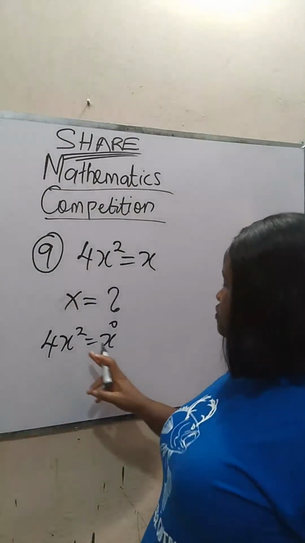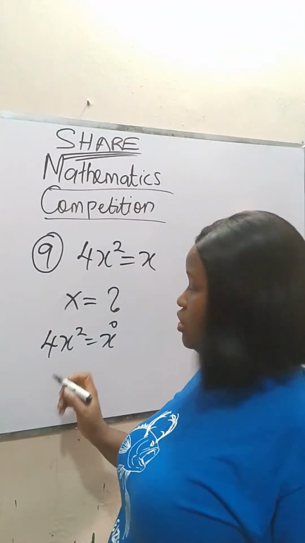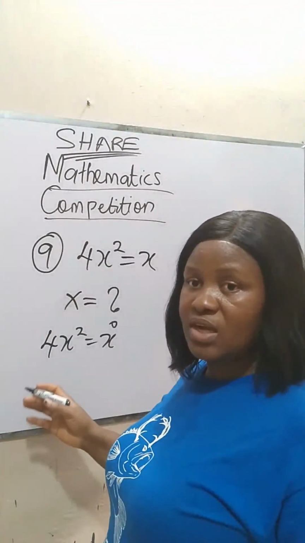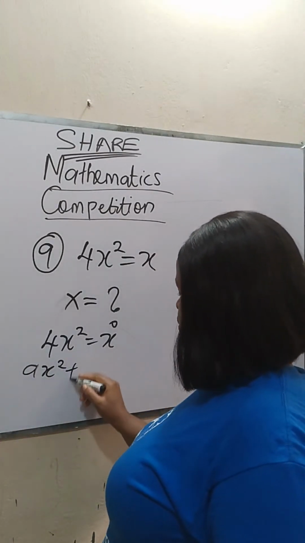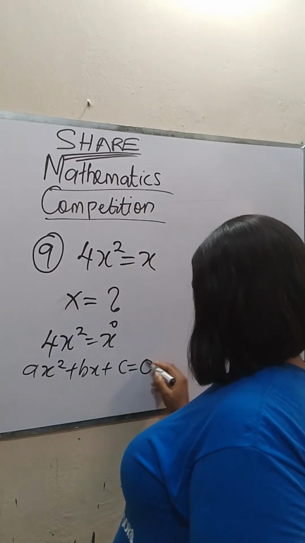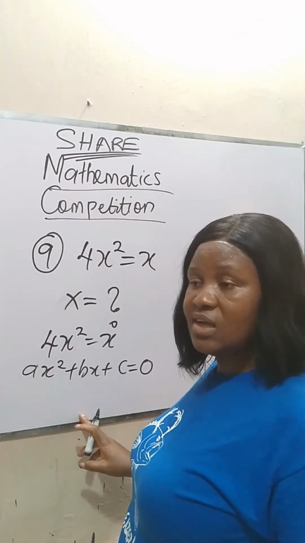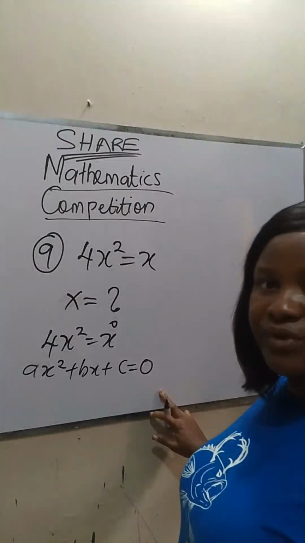All right. We should know that the standard form of a quadratic equation is ax squared plus bx plus c is equal to 0. What this is trying to say is that before you solve any quadratic equation, you have to put it in standard form first.